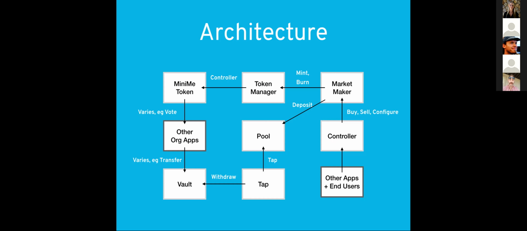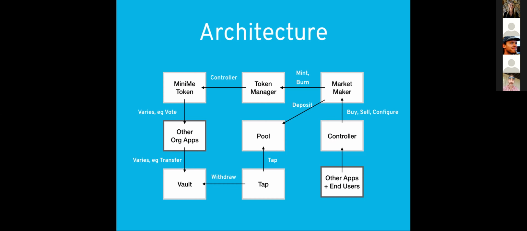Then the market maker is granted the mint and burn permissions of the existing token manager app provided by Aragon. The token manager app allows other issuance parameters as well. Outside of the bonding curve, if you want to provide specific rewards for specific types of actions, you can have a separate permission to the token manager and a separate app that mints additional tokens, and that'll be reflected in the price of the curve.